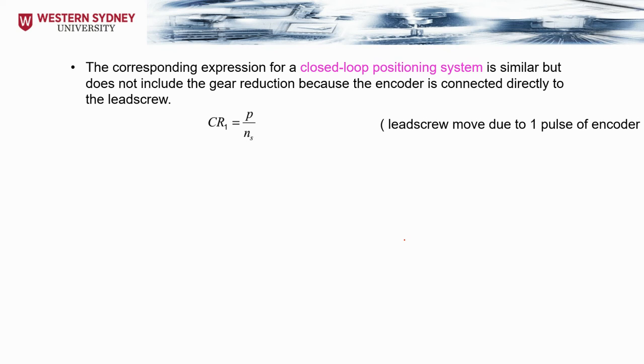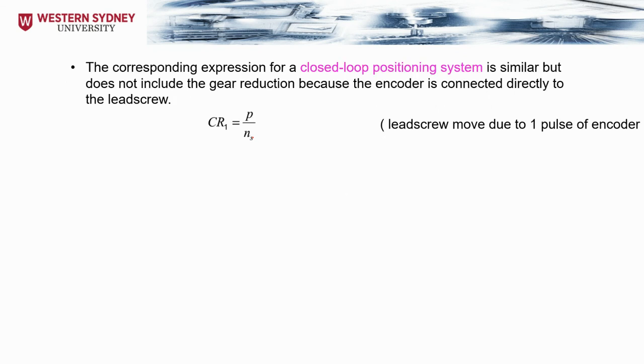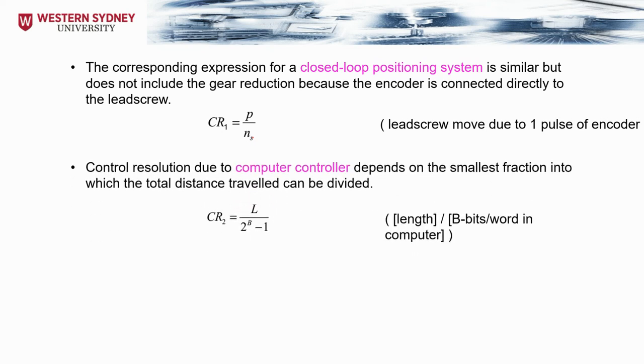For the closed loop, CR1 is going to be the pitch value divided by NS. Take a look at the difference between both equations. In the open loop, we consider the gear ratio, while in the second case, we don't consider that.